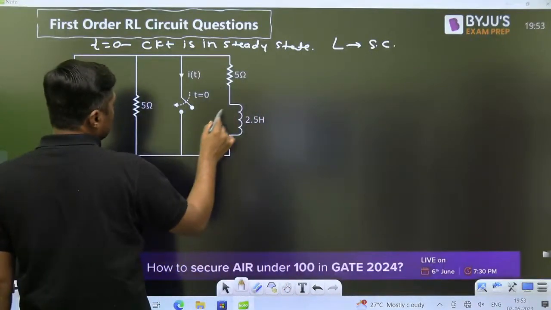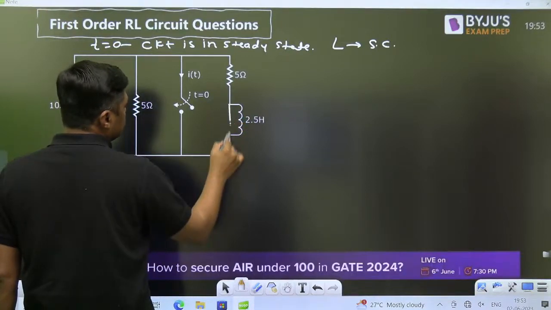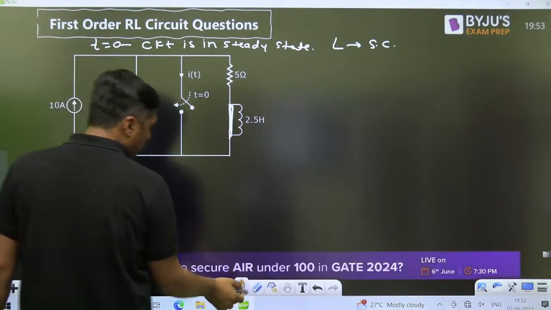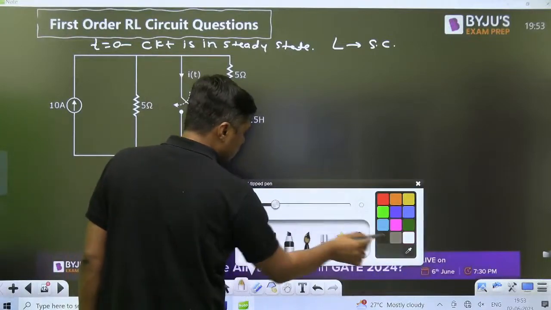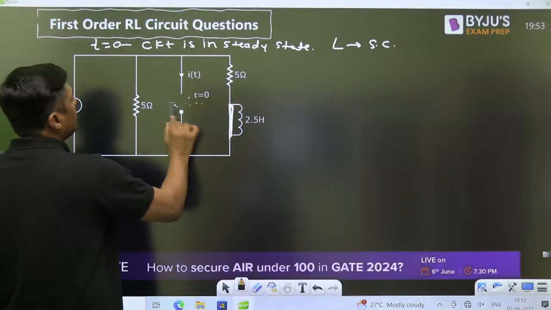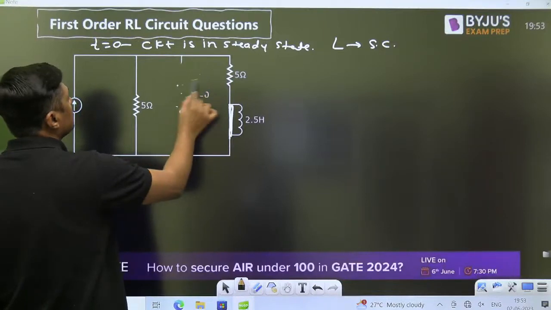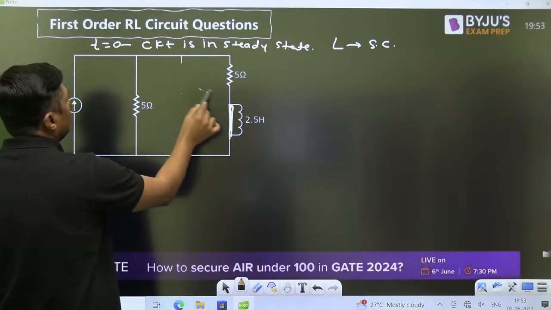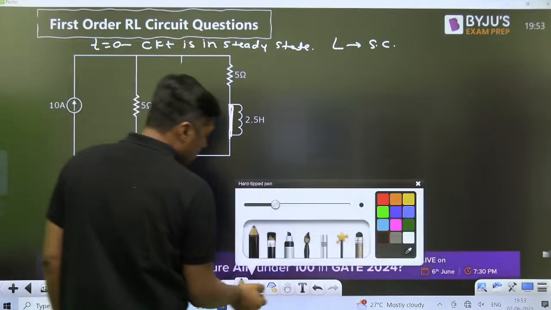So this inductor will act as short circuit. Under steady state, the switch is open. Make the switch open. Okay, that switch is open.